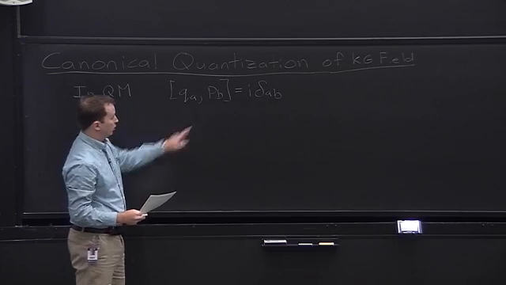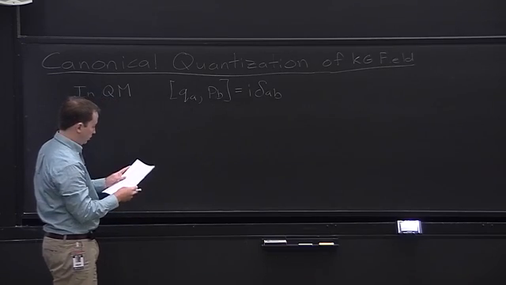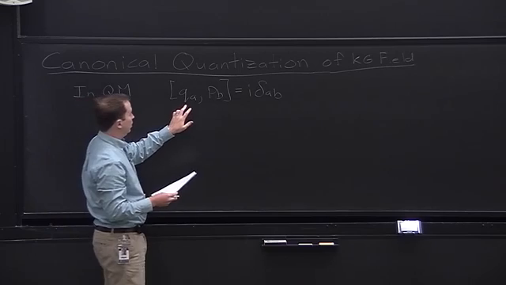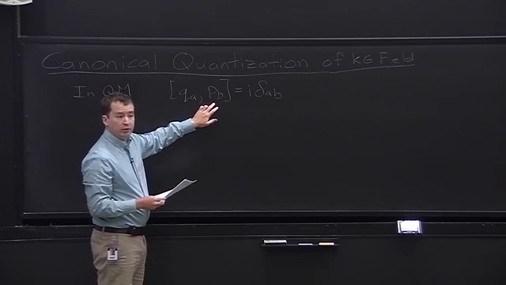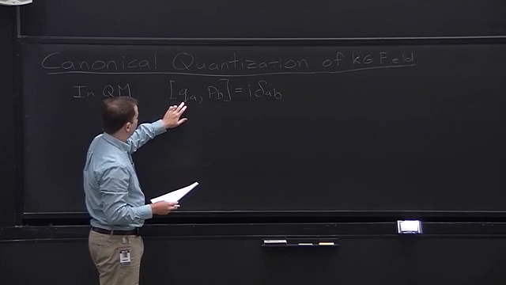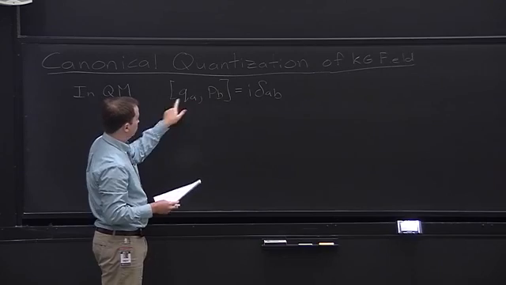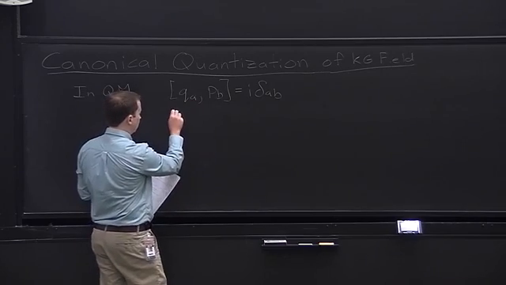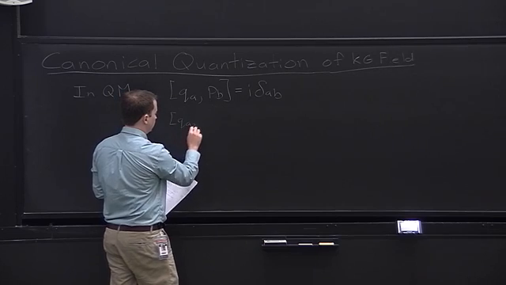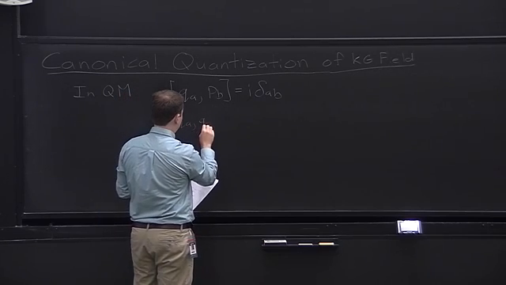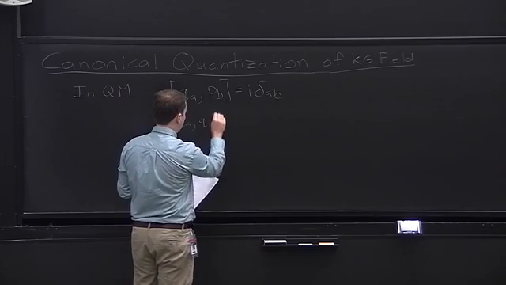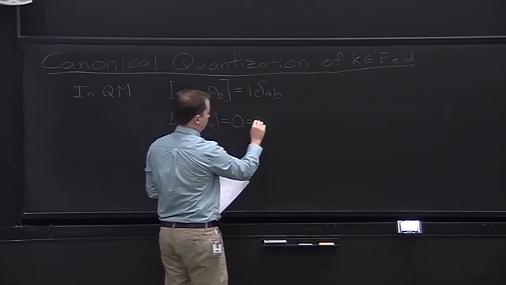If we have multiple, we impose this kind of commutation relation where the momentum associated with a different generalized coordinate commutes, and all of the positions or generalized coordinates commute among themselves, as do the momenta.